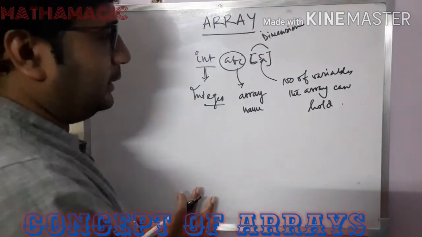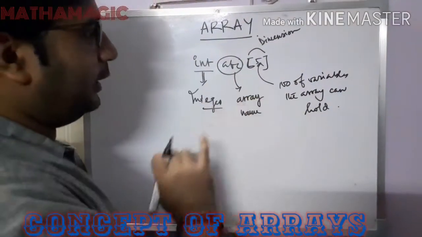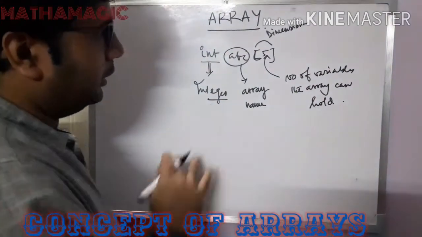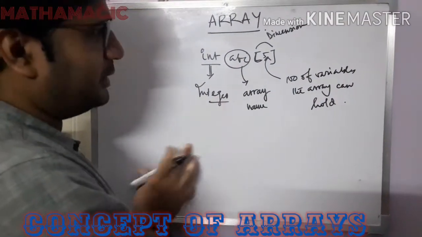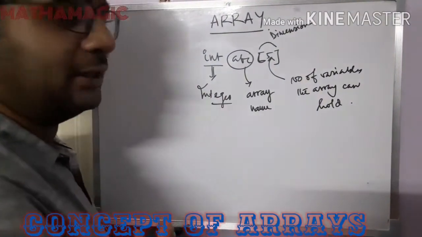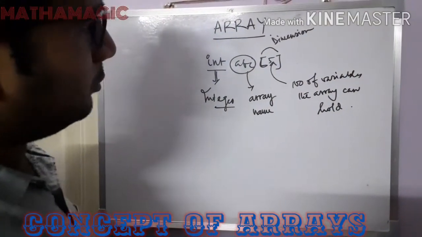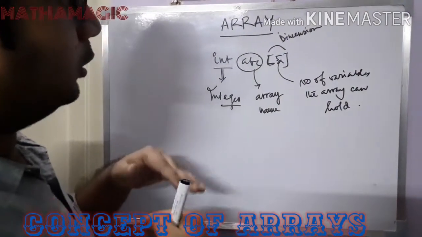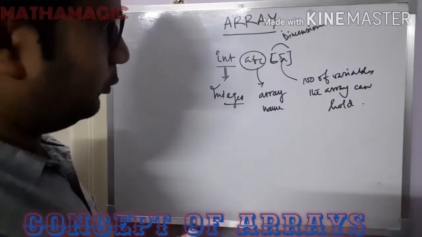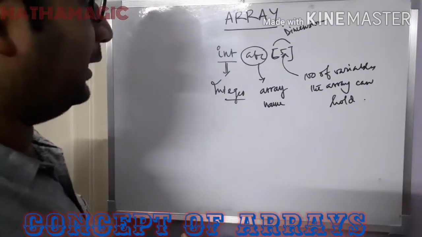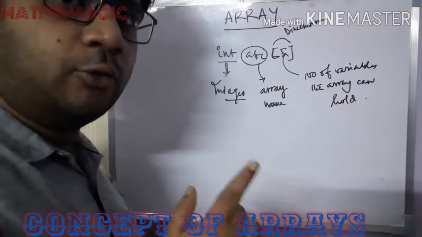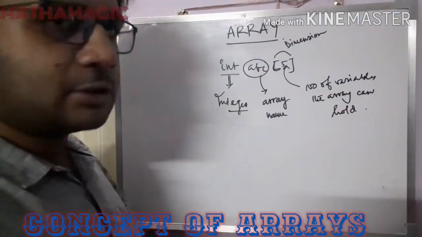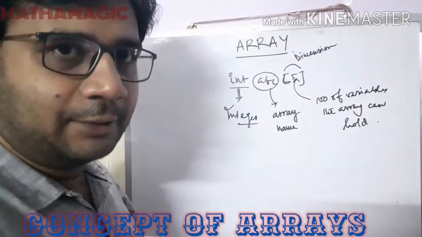Try to understand each and every thing written here. The first one is int, that is integer type. What is the use of using int here? We are trying to tell the compiler that we are initializing an array in which we are going to store values of integer type.